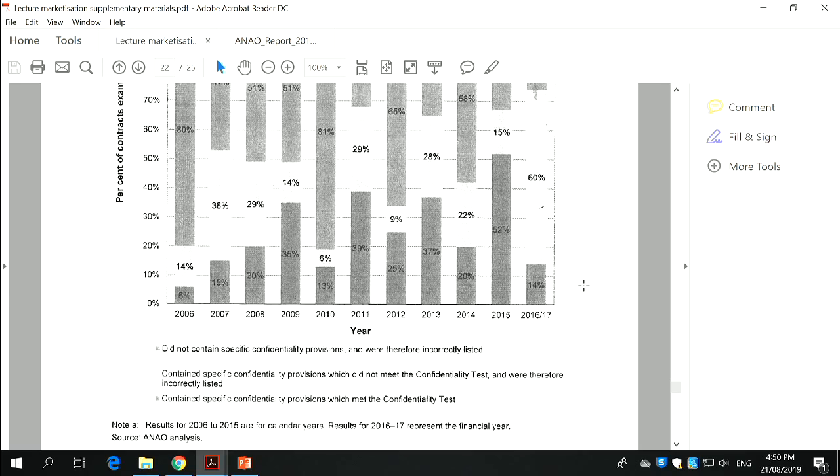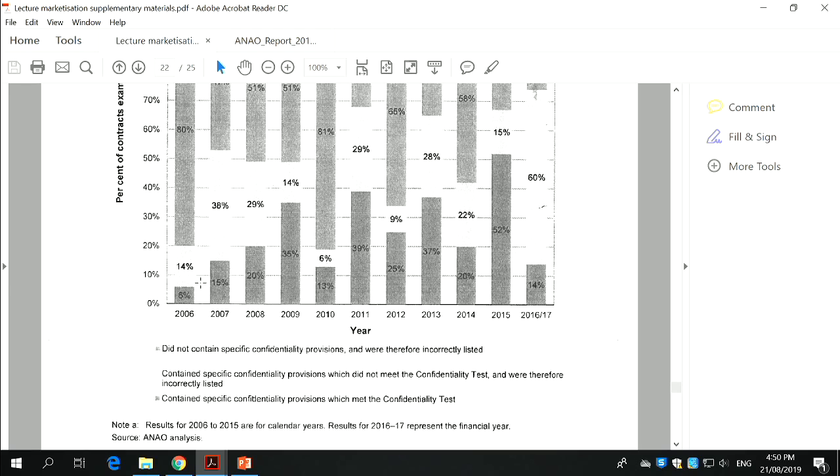So what are we looking at here? Now, I'd like to look at this one. What percentage of the audited contracts contain specific confidentiality provisions that met the confidentiality test? So the ANAO has certain confidentiality tests, and what percentage actually met the test, which therefore means they contain genuine confidential information and are listed or reported in a proper way.